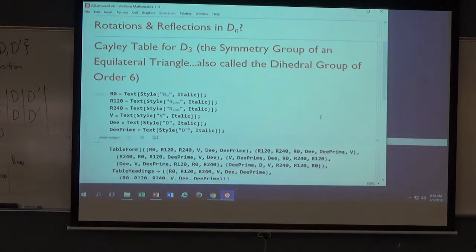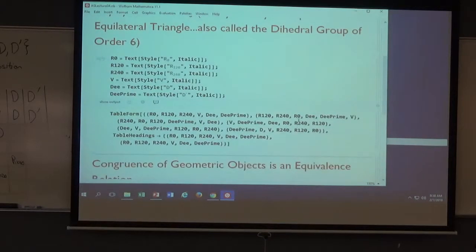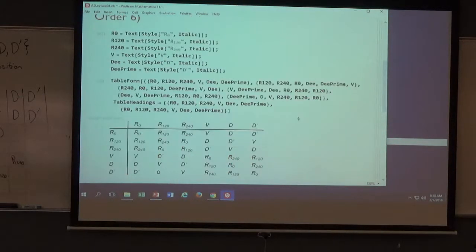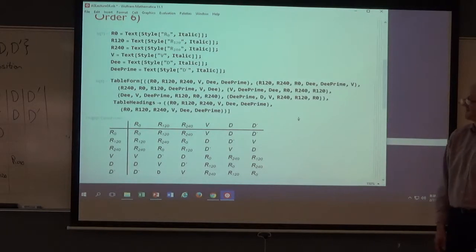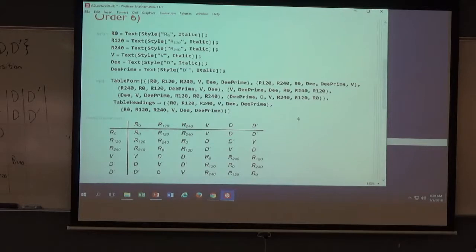Stored the text in these variables and then just made a big table with TableForm and TableHeadings, and there we go. Nothing fancy there, just doing it brute force. I'll put that in the same folder on Google Drive. You can look at it if you like.